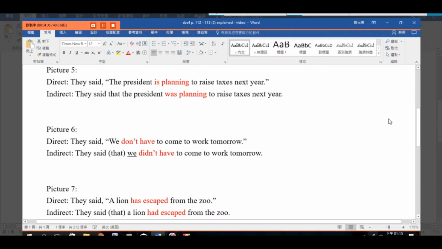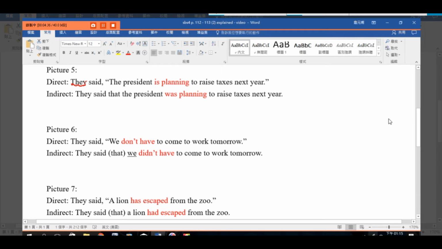Now please have your books beside you and get ready for practicing. Look at picture number 5. Picture number 5, the direct speech sentence is, they said the president is planning to raise taxes next year. Now the person or people who say this is they. Who are they? Look at the picture on page 113, picture number 5.